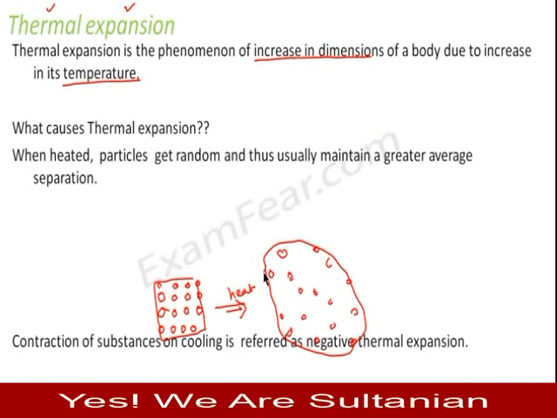Thermal contraction is generally not used for this, because many people think that if expanding is expansion, then contracting should be contraction. But in physics, mostly we refer to it as thermal expansion and negative thermal expansion. When I say negative thermal expansion, I am talking about the scenario where a substance is cooled and as a result it is contracting.